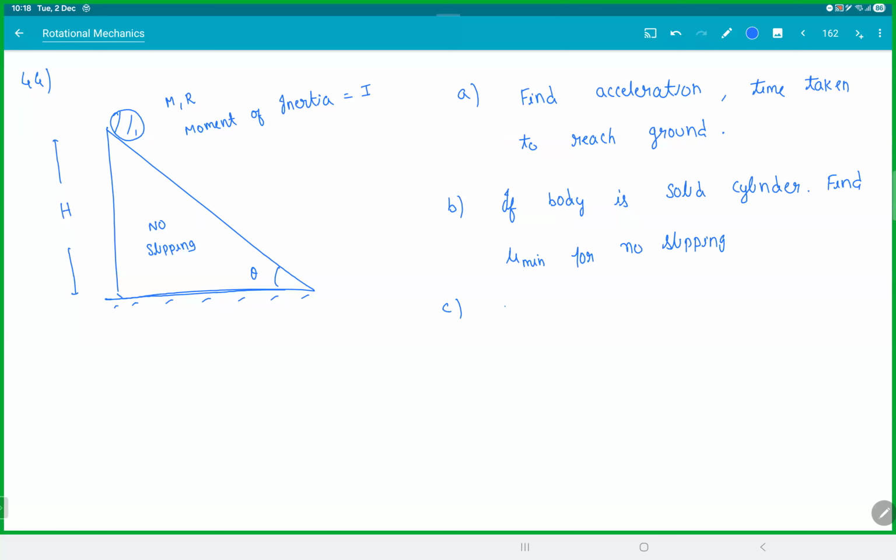Again, for solid cylinder, if mu is half of mu minimum, so you need mu minimum to stop slipping, but you go only half of the value, then it will slip. Find V and omega when it reaches the ground.